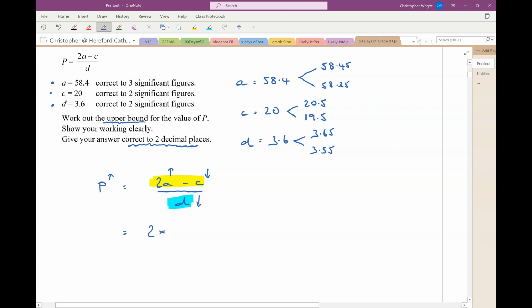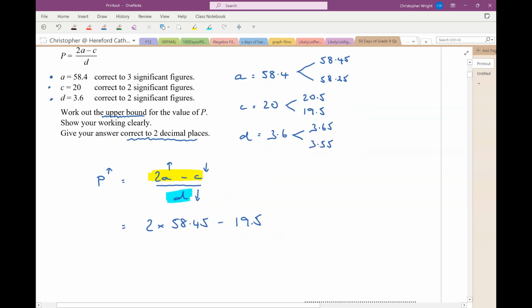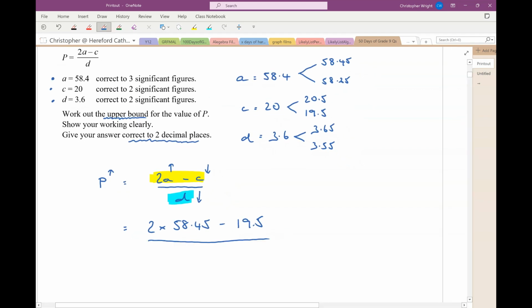So that is what I'm going to need to substitute in here. Twice the highest possible A, subtract the lowest possible C, all divided by the lowest possible D. Okay, so I'm going to put that in my calculator.